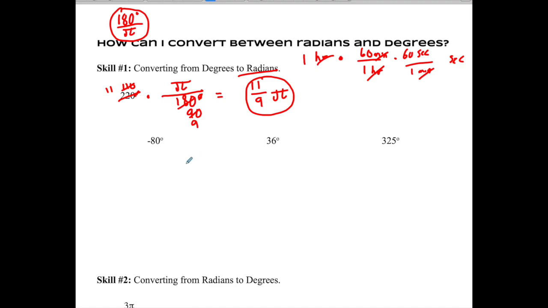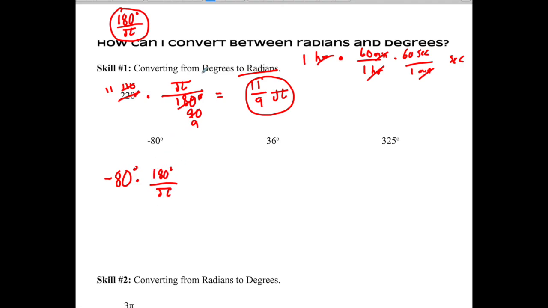All right, I'm going to do another one. We're going to do negative 80. When it's a negative, it's all right, you just get a negative times 180 over pi. Now, did I do that right? No, I did that wrong. My mistake was that I had things flipped around with regard to the conversion factor.